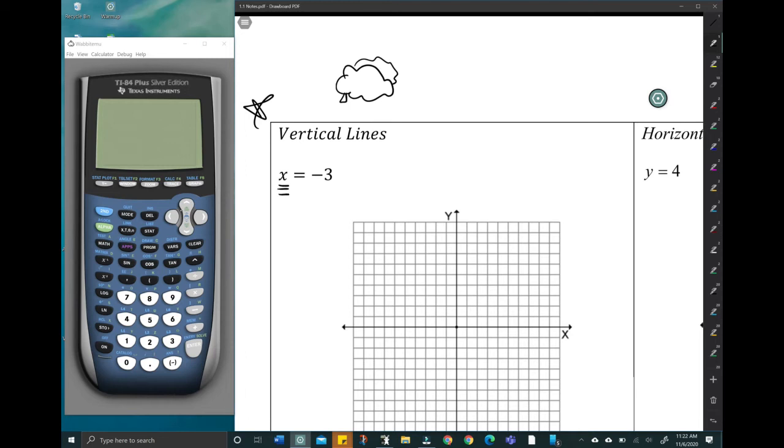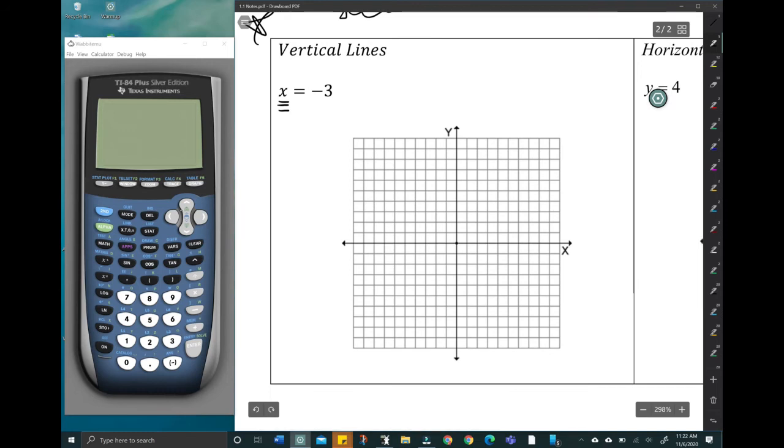Vertical x equals. How you do these: if it's x equals, you're focusing on the x axis, which is this axis. And you're going to plot -3. 1, 2, 3. So x equals is a vertical line. Vertical means up and down. Hopefully you know that.